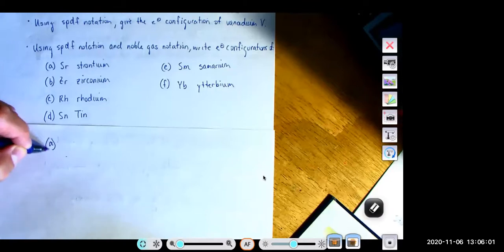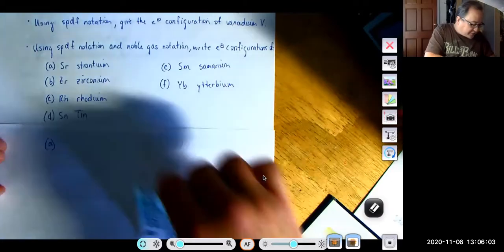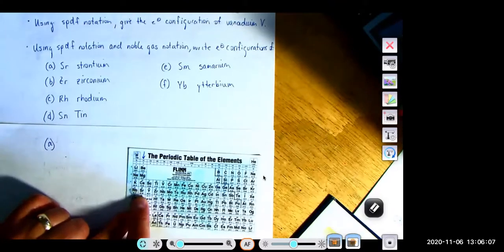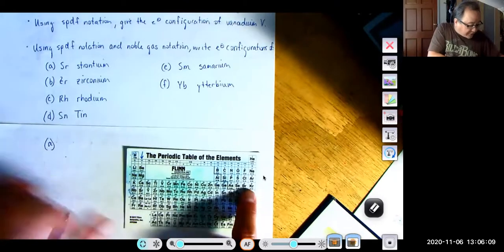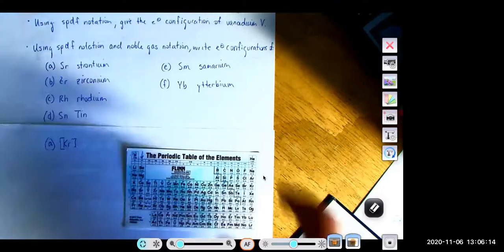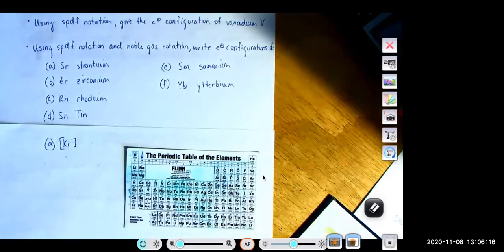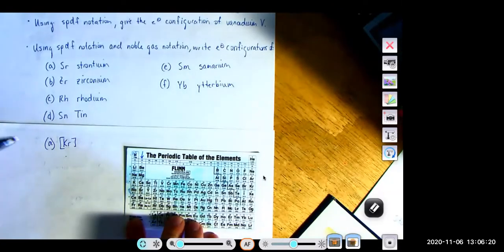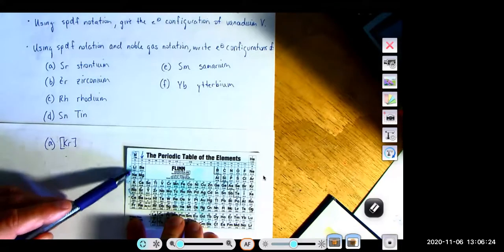Yeah, so if you see strontium, the previous noble gas is krypton. So for A, you start with krypton. Krypton. So the next one will be 5s2.